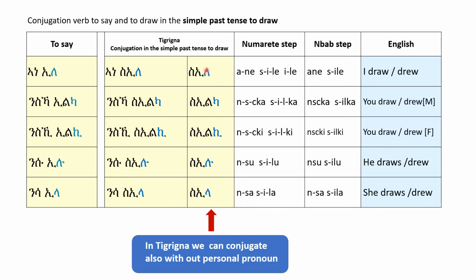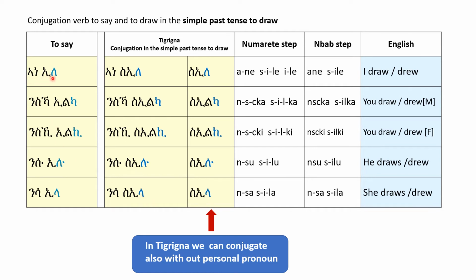With these letters at the end of the verb, I understand to which personal pronoun it refers. Si ile, for example, is for ane. Ane siile, I draw or I drew. Ane siile, or only siile. Siile, siilka, siilki, siilu, siila.